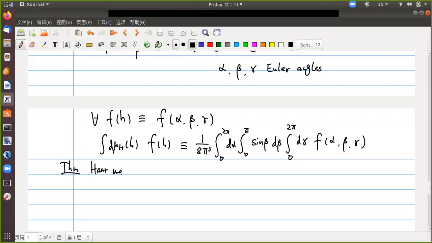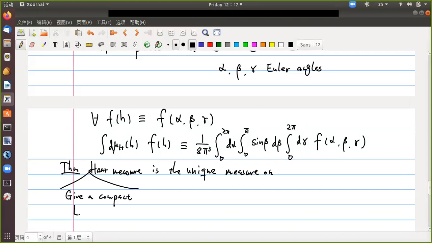The Haar measure is the unique measure on any compact Lie group satisfying certain invariance. Because a Lie group is a group and also a manifold, you can talk about its compactness.